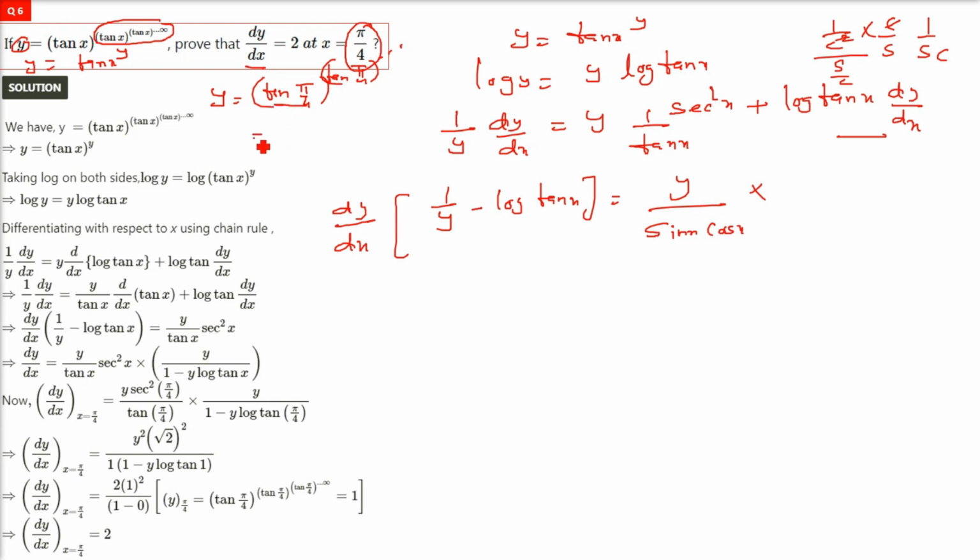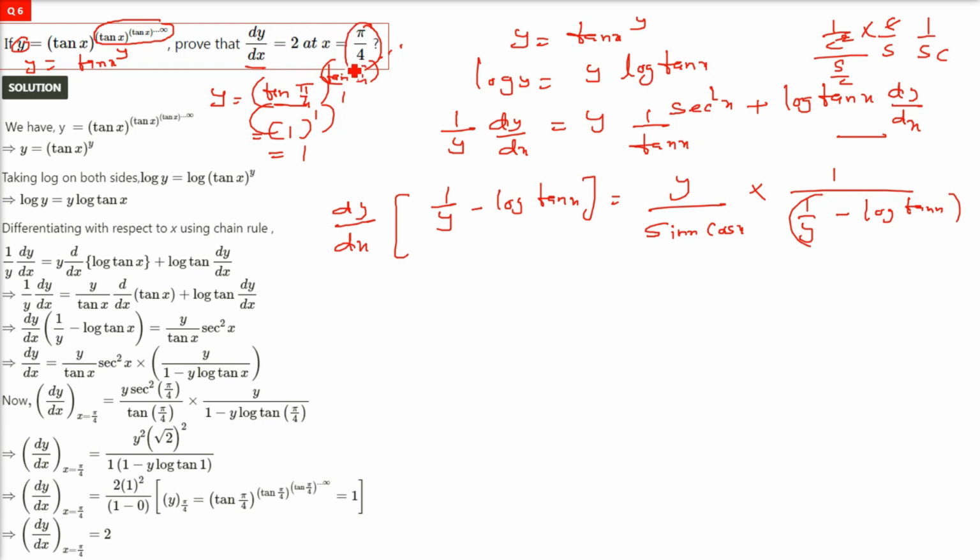Now tan pi by 4 is 1. So 1 to the power 1 to the power 1 will ultimately come to 1. So y equals 1. Now we can just keep y as 1, and bring it in the denominator: 1 by y minus log tan x. I'm not solving it, I'm just keeping it here.